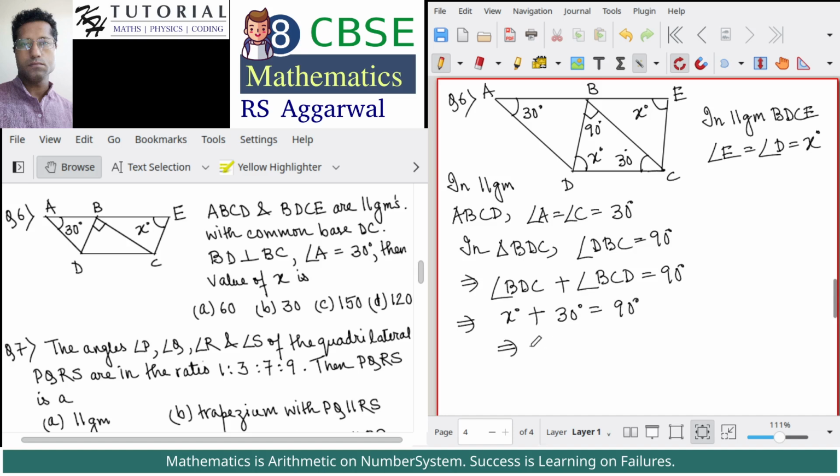So this implies x degree is equal to 90 degree minus 30 degree, which is equal to 60 degree. So x is equal to 60. So the value of x is 60, and hence the correct choice is A.